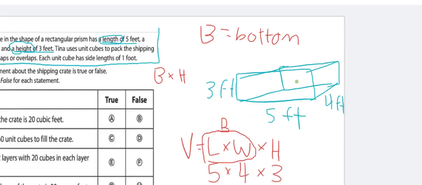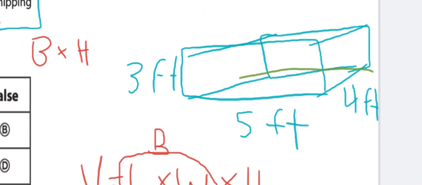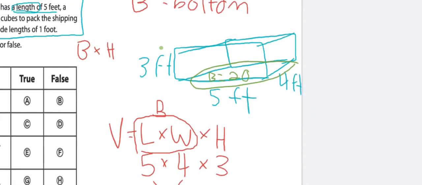If I take a look just at the bottom, this is my base. I have to multiply the length and the width. So 5 times 4. What's 5 times 4? 5, 10, 15, 20. So my base equals 20. And then my height would be 3.